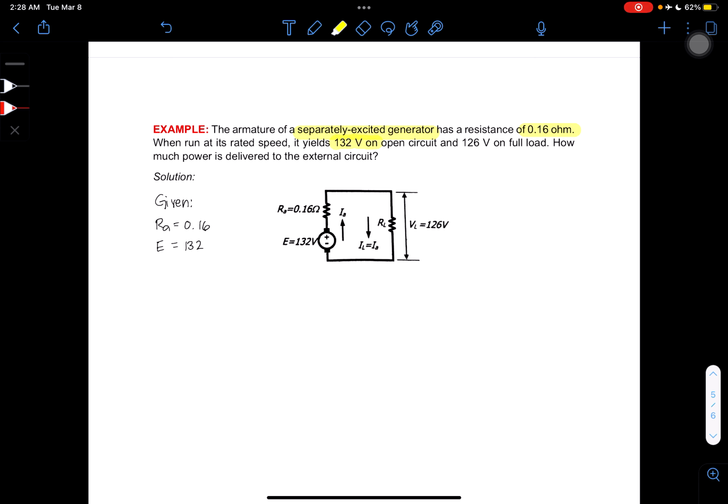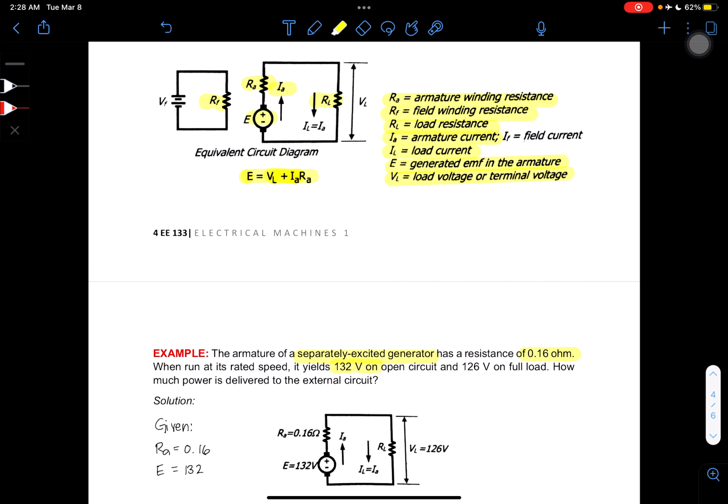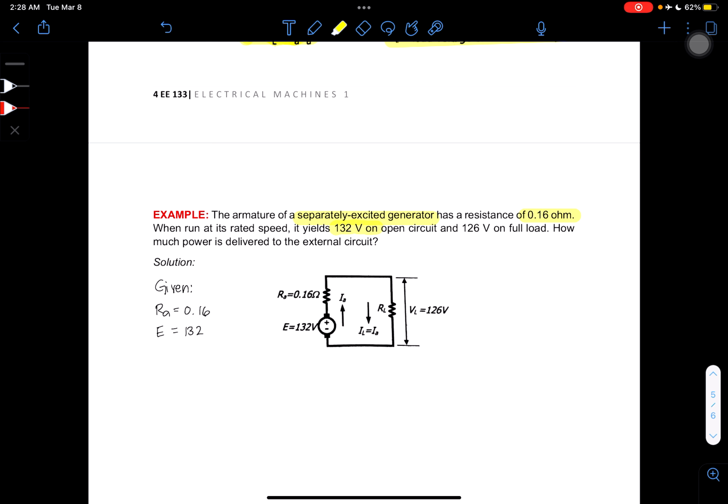For our VL, the load voltage at full load, we have 126 volts. The question is: how much power is delivered to the external circuit? So our unknown will be PL.